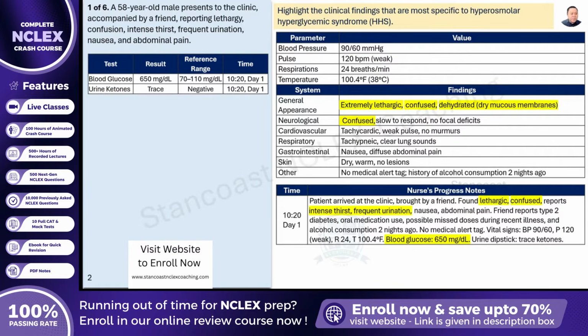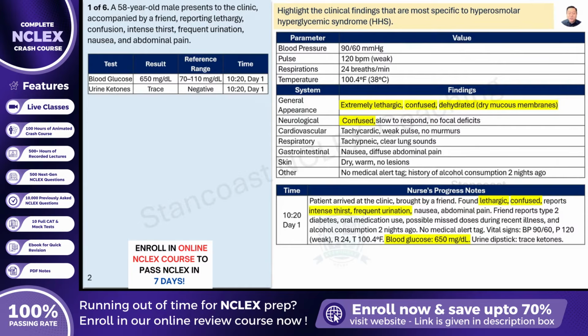Now, looking into the patient's vital signs, you are seeing there 90/60 in their blood pressure. This is low. We also have tachycardia 120 and some elevations in the temperature of 100.4 degrees Fahrenheit or 38 degrees centigrade.